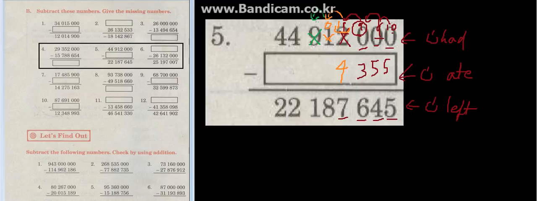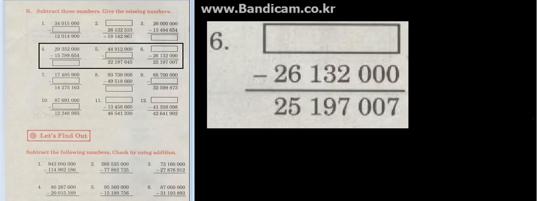This 9 becomes 8, and the 1 becomes 10 at the bottom column. So 10 minus 8 is 2. 8 minus 1 becomes 7. 4 minus 2 is 2. So the answer for this becomes 20,724,355. Now let's go to the last problem.